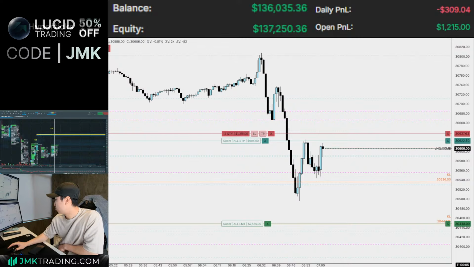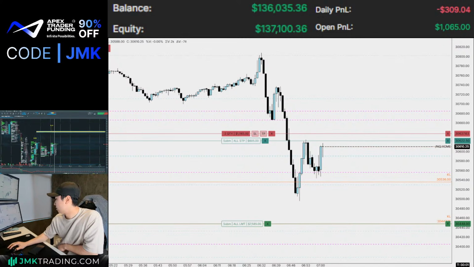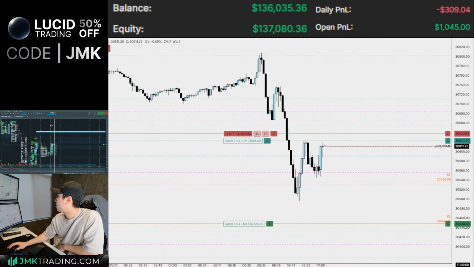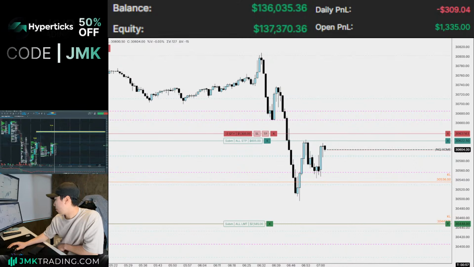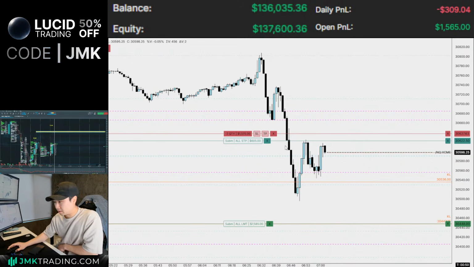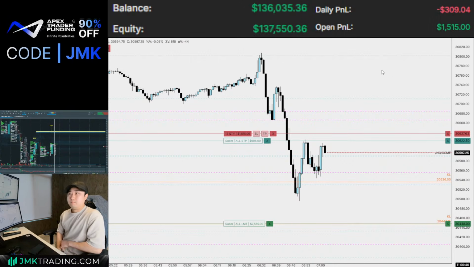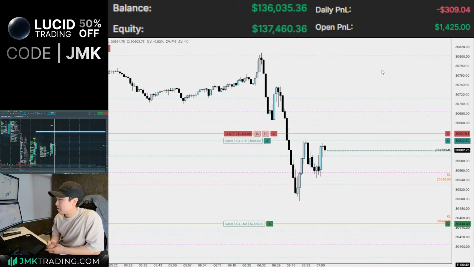I'm starting to think this is reversing, especially because ES looks like it wants to hold its 5-day. This is the make it or break it level, where our stop's at. We'll just let it play out. Worst case scenario, we hit our base hit.